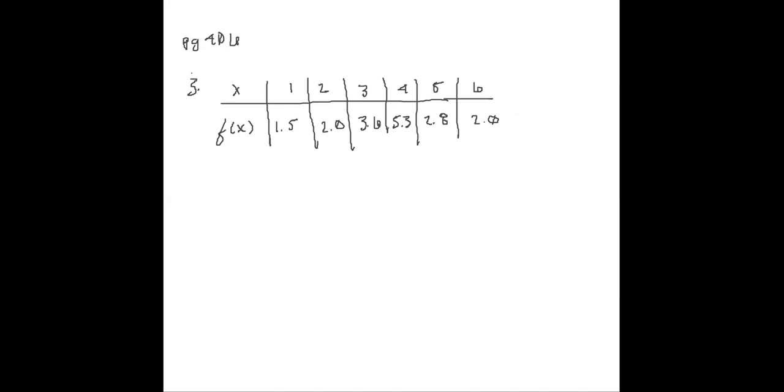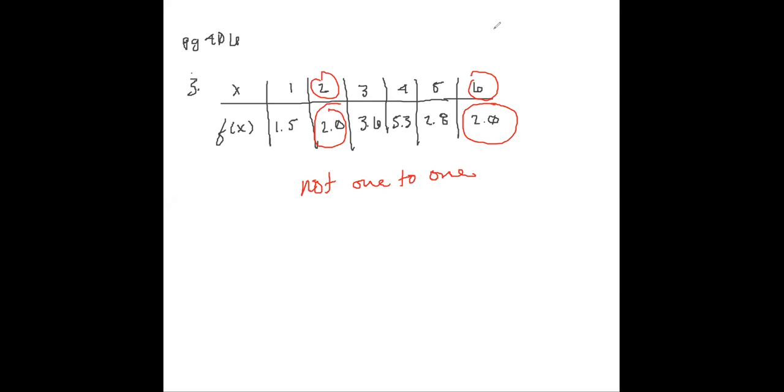So what can you tell me about this? It has two of the same f of x values, so it's not one-to-one. Exactly. We have x equal to 6 and x equal to 2, and they're both equal to 2.0. So this is not one-to-one.